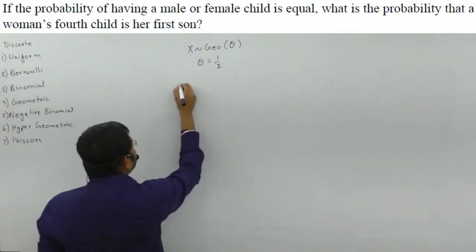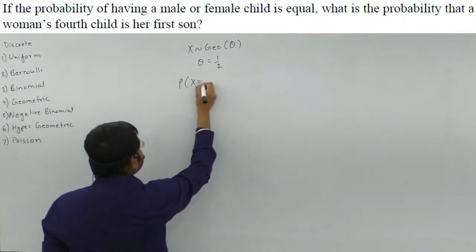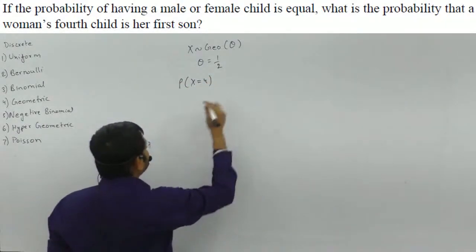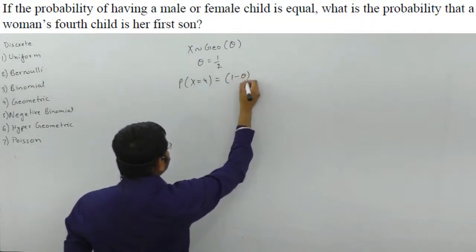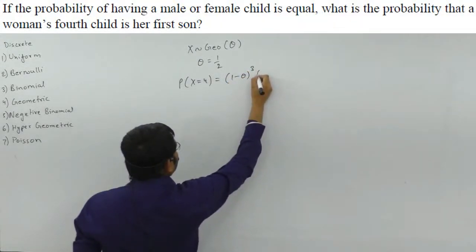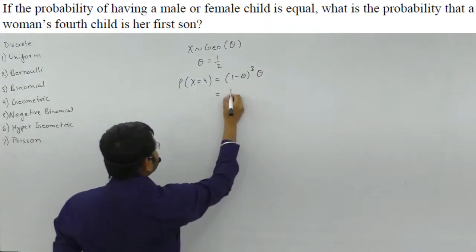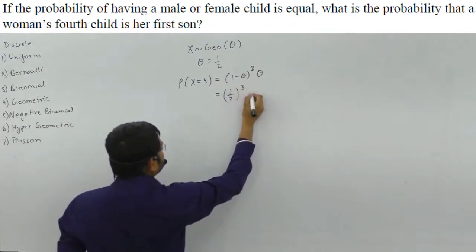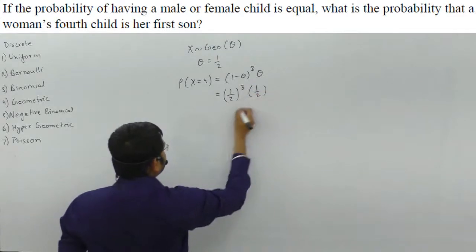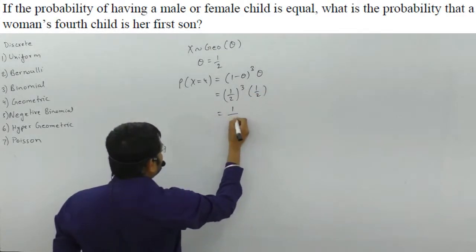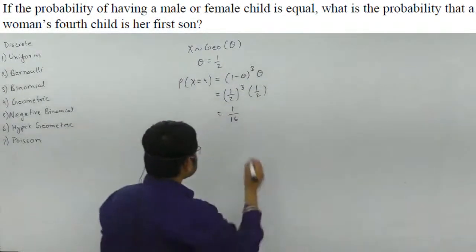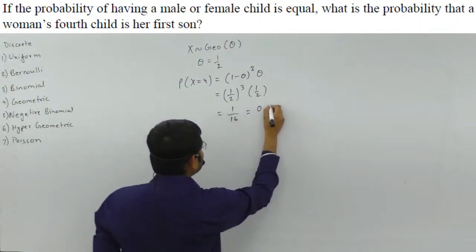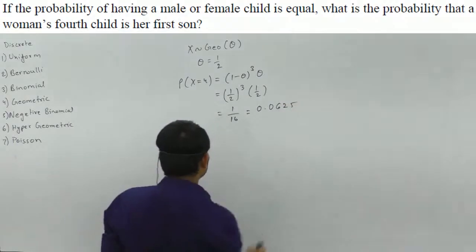So we need to find probability X equals 4. That is nothing but (1 − θ)^3 times θ, and that is nothing but half cubed into half, or 1 by 16. 1 by 16 is nothing but 0.0625.